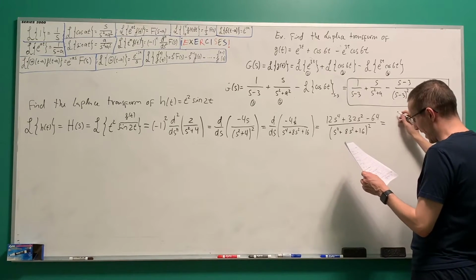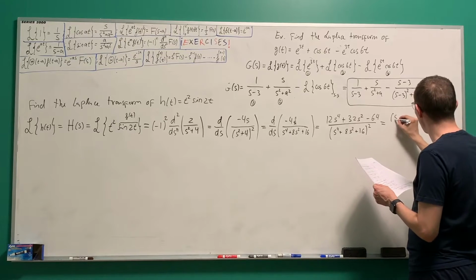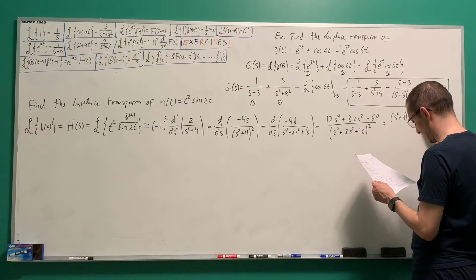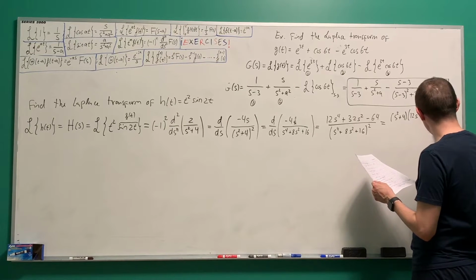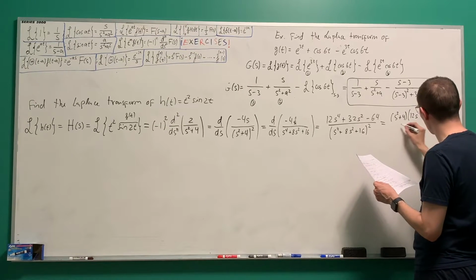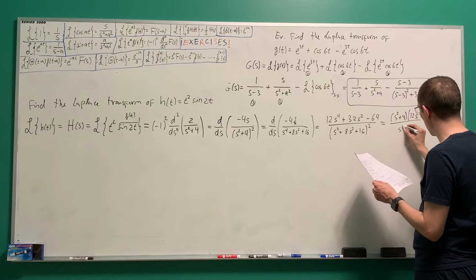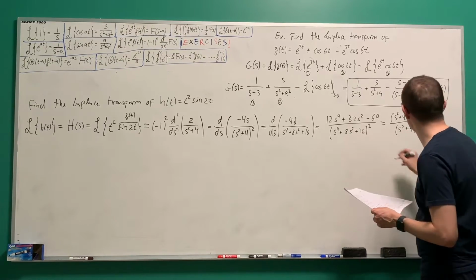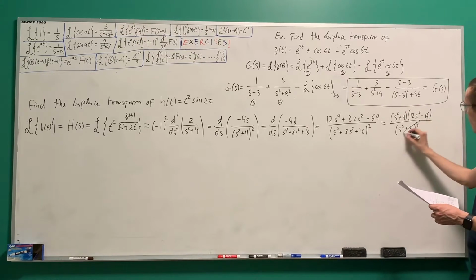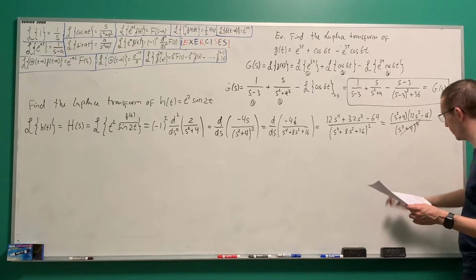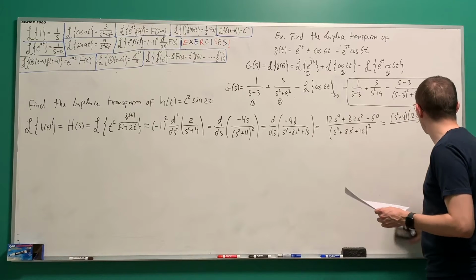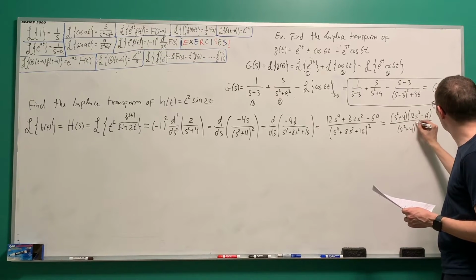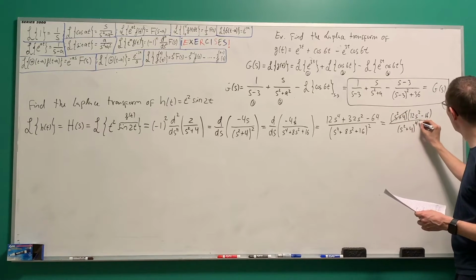Anyway, if you simplify, you get (s squared plus 4) times (12s squared minus 16) divided by (s squared plus 4) to the power of 4. This is a perfect binomial, so this cancels, well, not all of it. One factor of s squared plus 4 cancels with one of them.